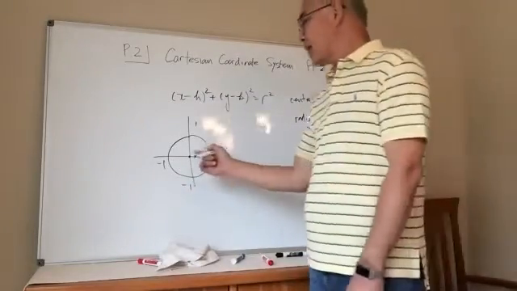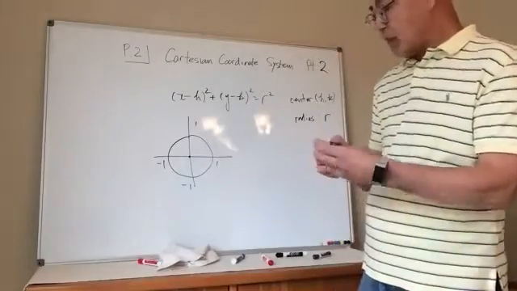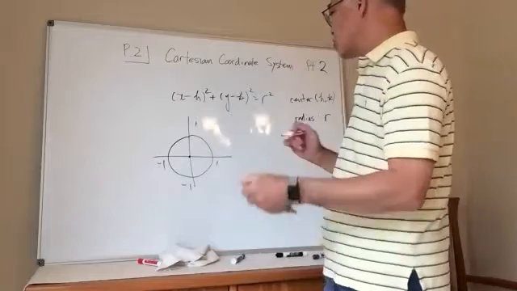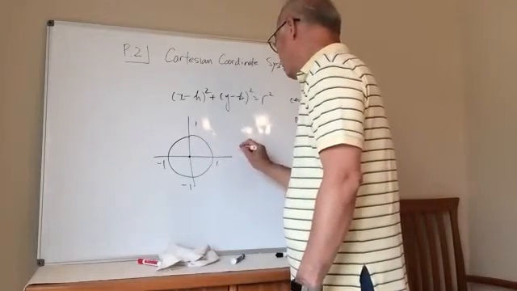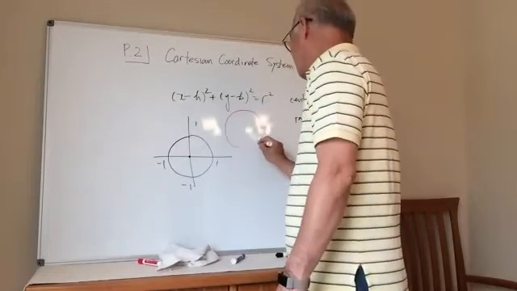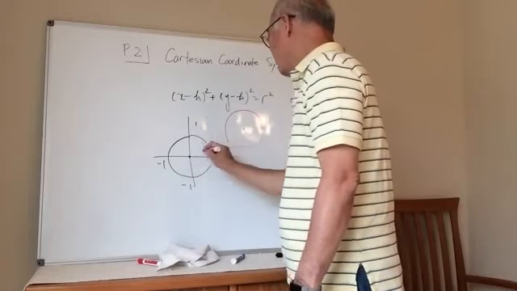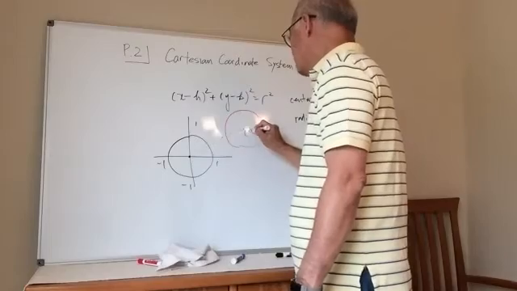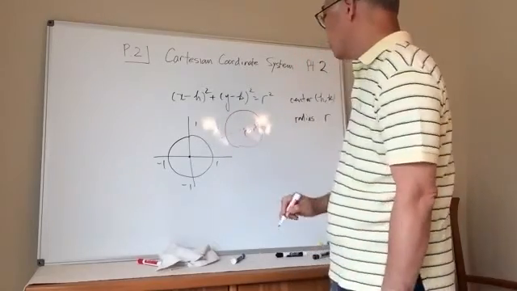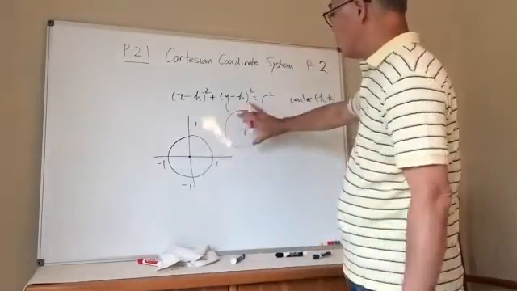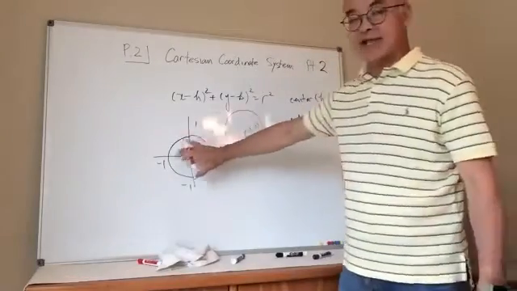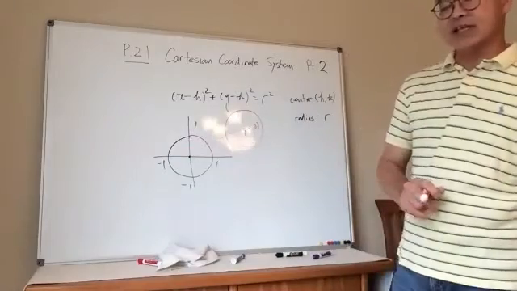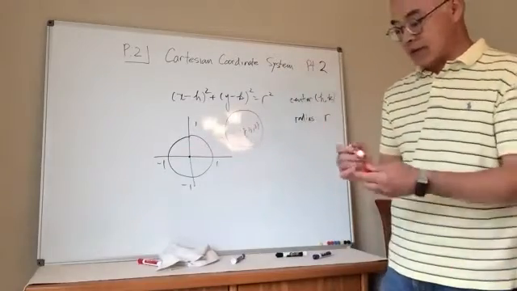Now let's say I move, or translate, this circle to the point (3, 2). Since I just translated it, the radius stays the same.